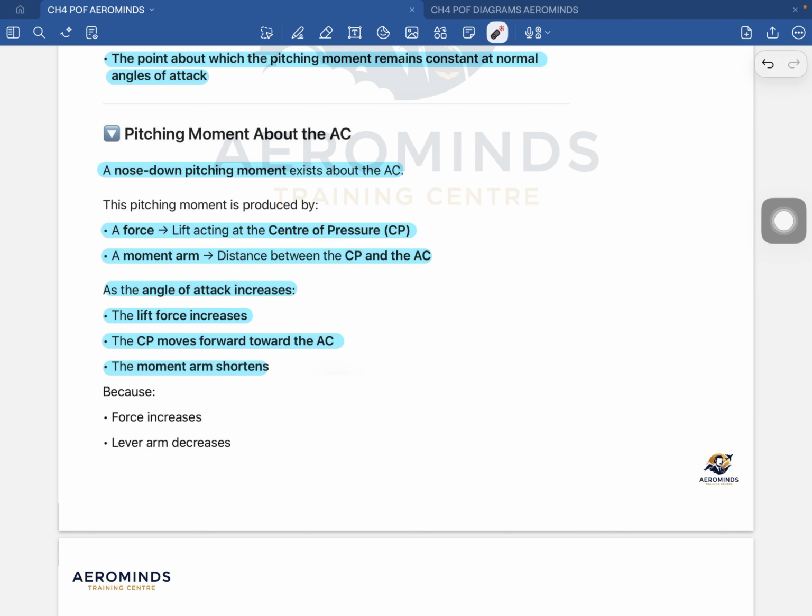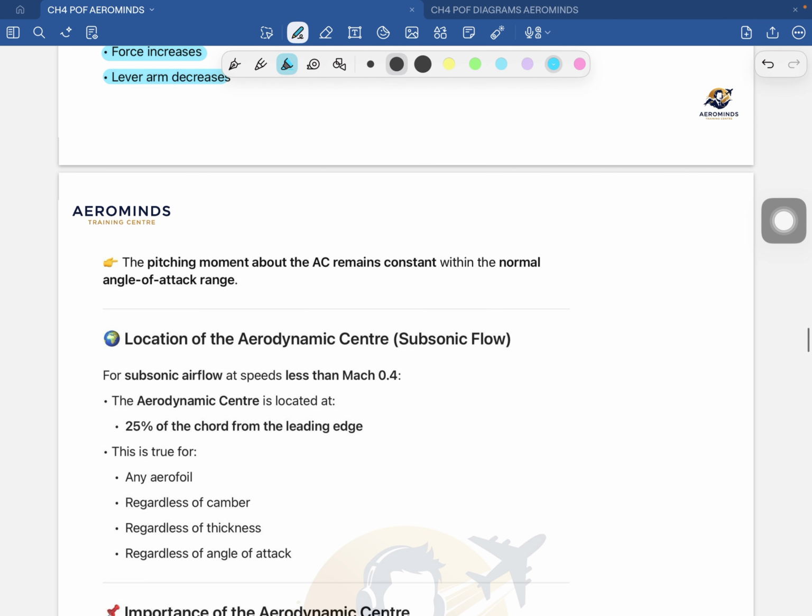So we have two things happening together. The force is increasing, but the lever arm is decreasing. These two things happening together will almost cancel out each other. Because of this, the pitching moment about the aerodynamic center will remain constant within the normal angle of attack range.